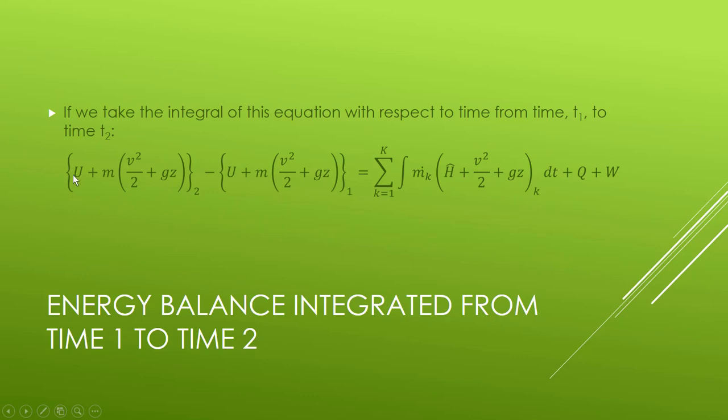We often designate that with a delta instead of showing the subtraction of state 2 minus state 1. And then the sum of the integrals of everything that came across the boundaries plus the total Q and the total W. The only visible difference between this and the previous on Q and W is that they lost the dot, but that means that it's integrated over time. It's the rate integrated over time, so it's the total amount of heat transfer that occurred, the total amount of work that occurred.